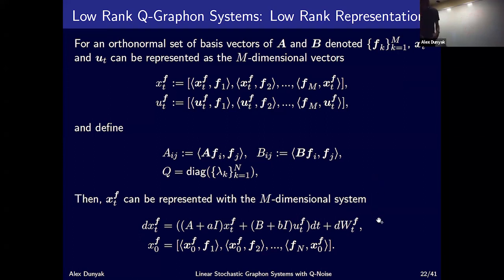And then this gives you a low dimensional, an m-dimensional vector system here, dx_f, with this m-dimensional initial condition x naught.